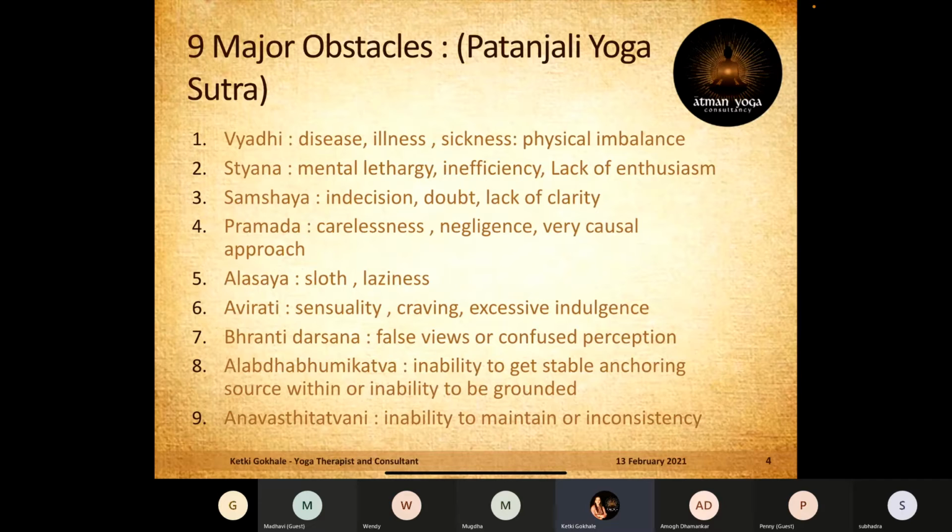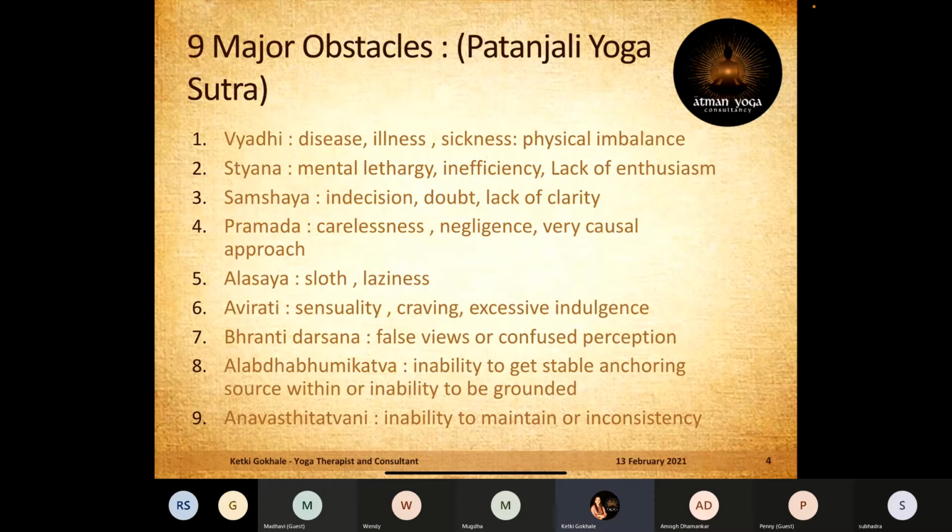Now, the fifth one is Alasya, which is laziness, which prevents us from participating in each moment with focus and intention. Then Avirati, which is overindulgence, craving, and chasing after our senses without moderation, will also keep distracting us from our intention.